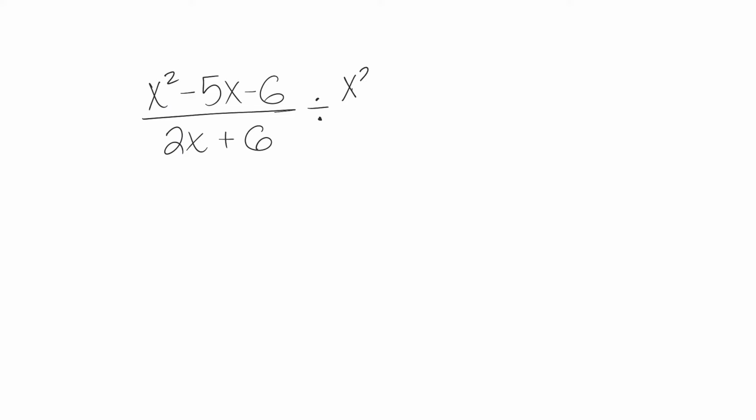So let's take a look at this. What if we have x squared minus 5x minus 6 over 2x plus 6 divided by x squared minus 3x minus 4 over 4x plus 12? Remember, you can hit pause and try these on your own anytime you want.